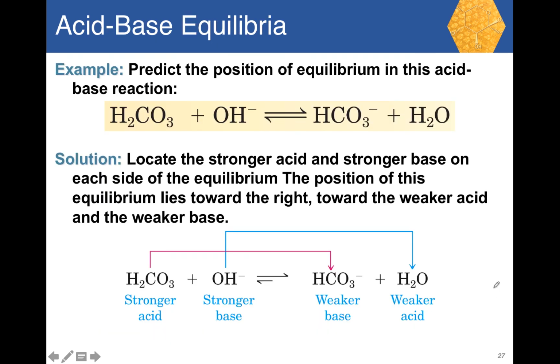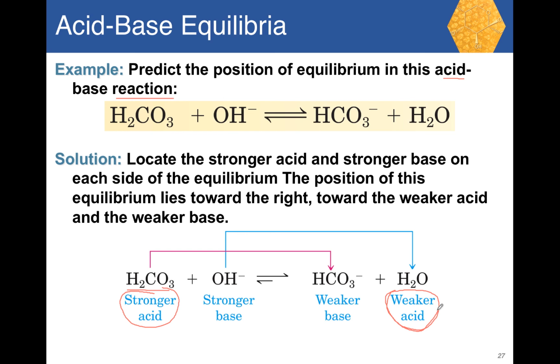So, in conclusion, let's look at this one. Predict the position of the equilibrium of this acid-base reaction. So in other words, you need to locate which ones are stronger and which one is weaker. So locate the strong acid and the strong base and figure out which side of the equilibrium it is. So in other words, you'd have to be told or look at the table. Carbonic acid is a stronger acid than water.